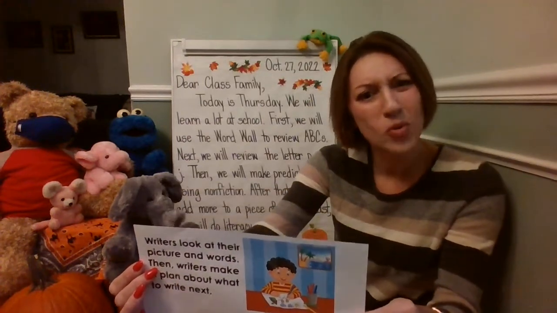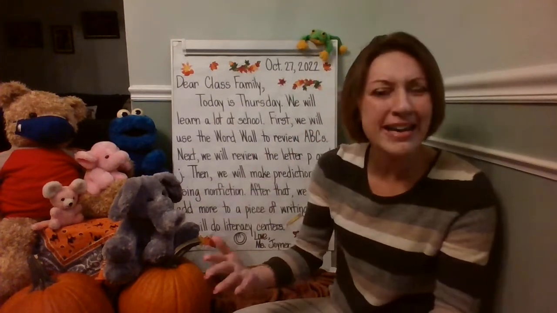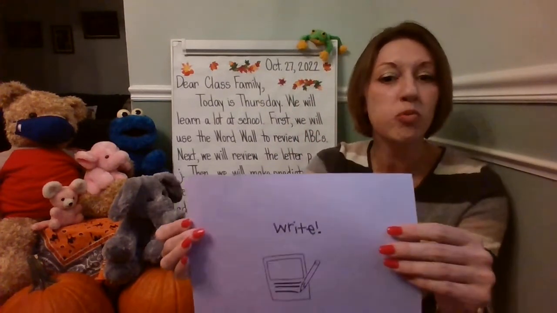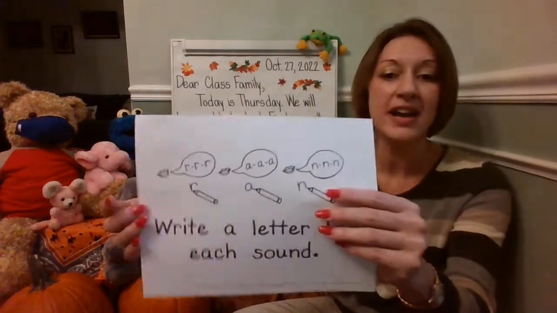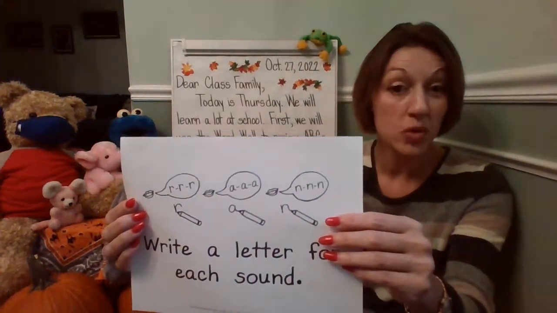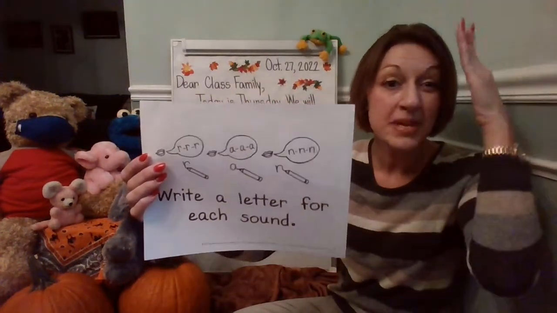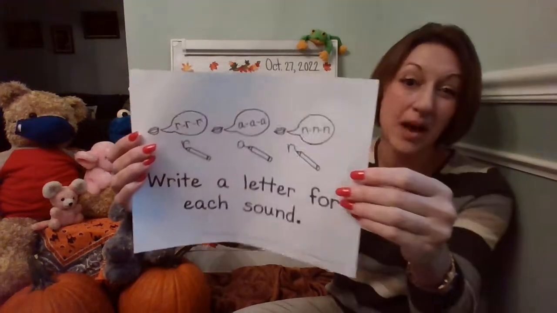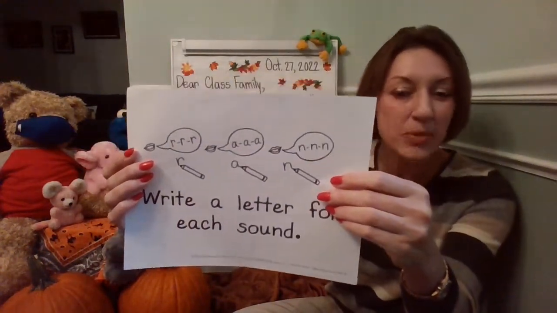And let's add some more to it. You've already done your picture. Now you're going to write. When you write, remember, kindergartners write a letter for each sound. So when you're sounding it out, listen carefully to hear what's at the beginning, middle, and end of that word. Okay? And then you can write that letter and label it.